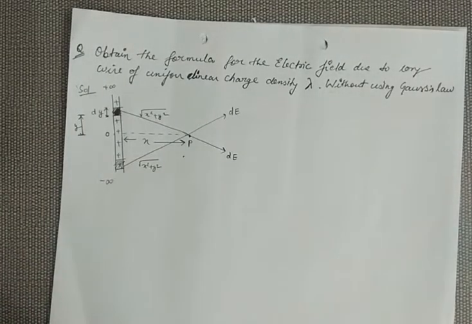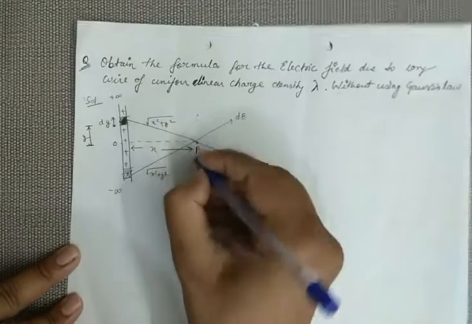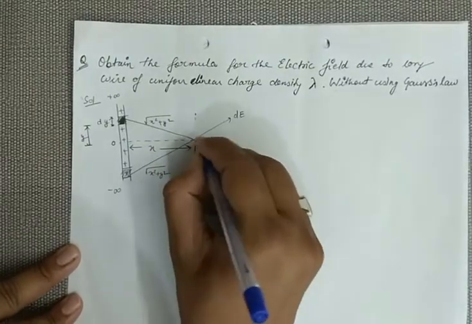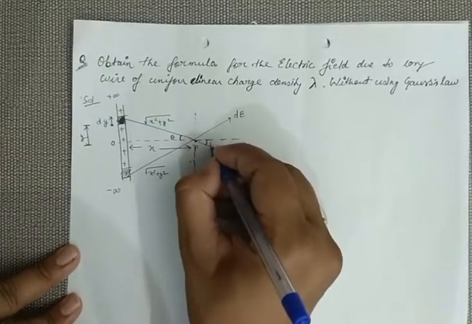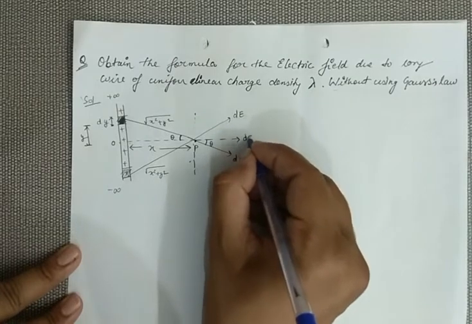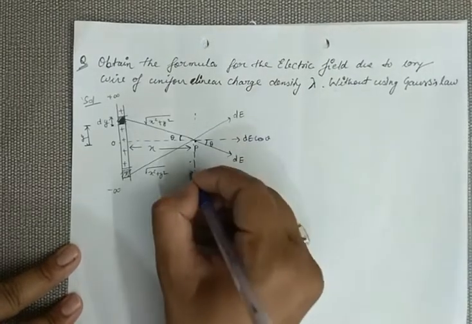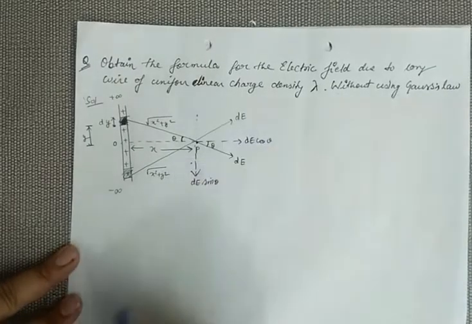So on resolving the components, just consider the vertical and horizontal line. If this is angle theta, then vertically this will be also theta. Taking the component of this, that is dE cos theta, and another component is dE sin theta.